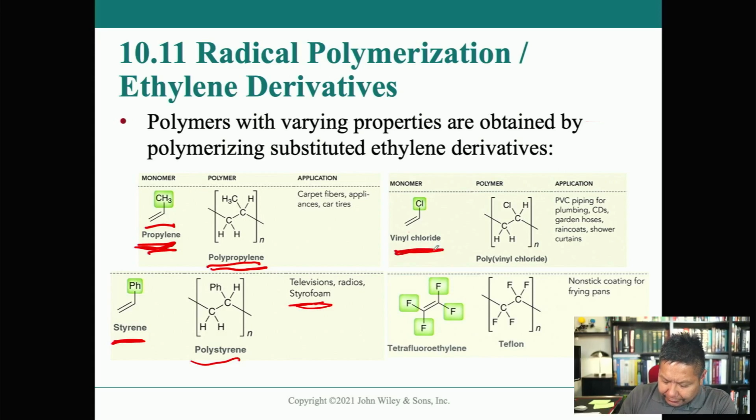Then we have vinyl chloride. That becomes polyvinyl chloride, or PVC. So that's the pipes that we use in plumbing. Shower curtains, those gloves I was talking about before that you use for hand washing, all that stuff is PVC. And then one of the most favorite of them all is tetrafluoroethylene, which is actually Teflon, right?